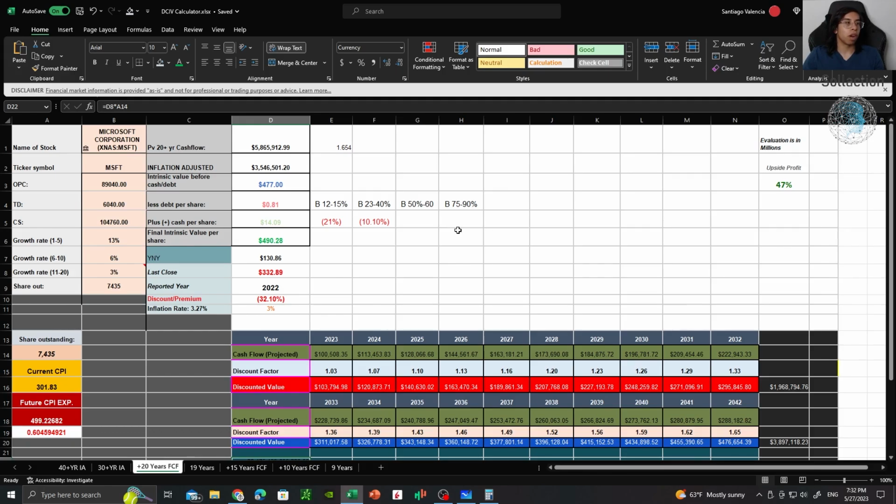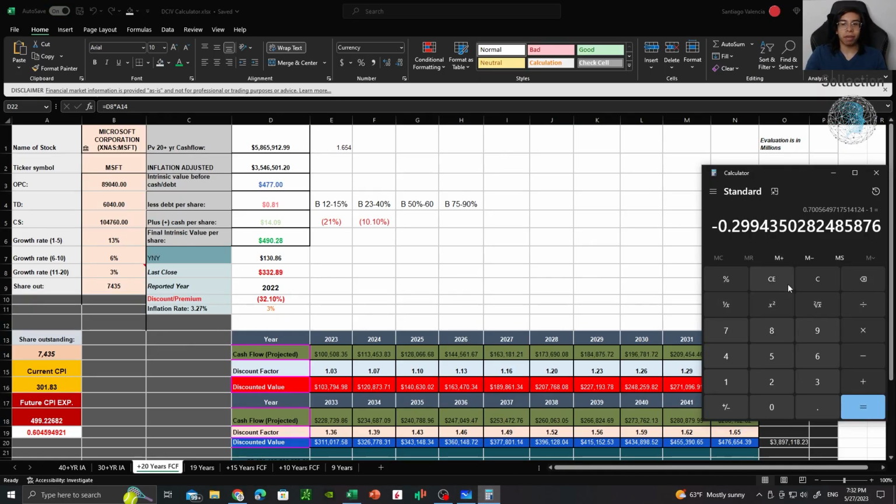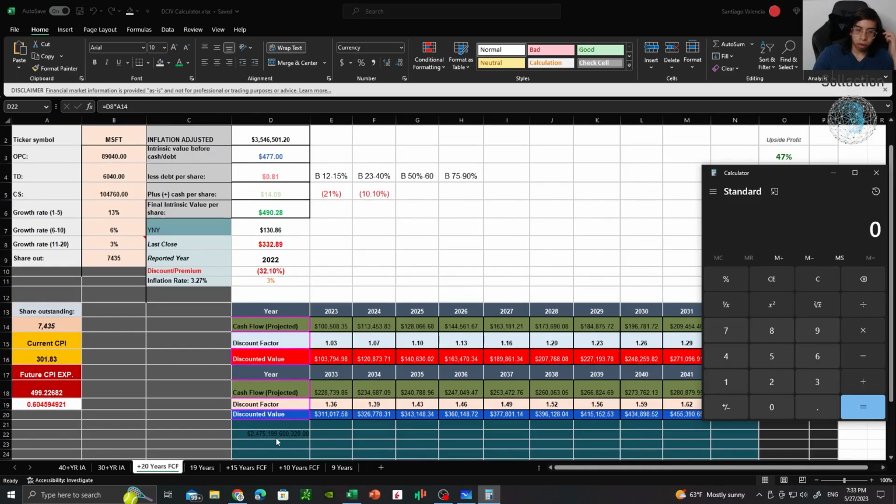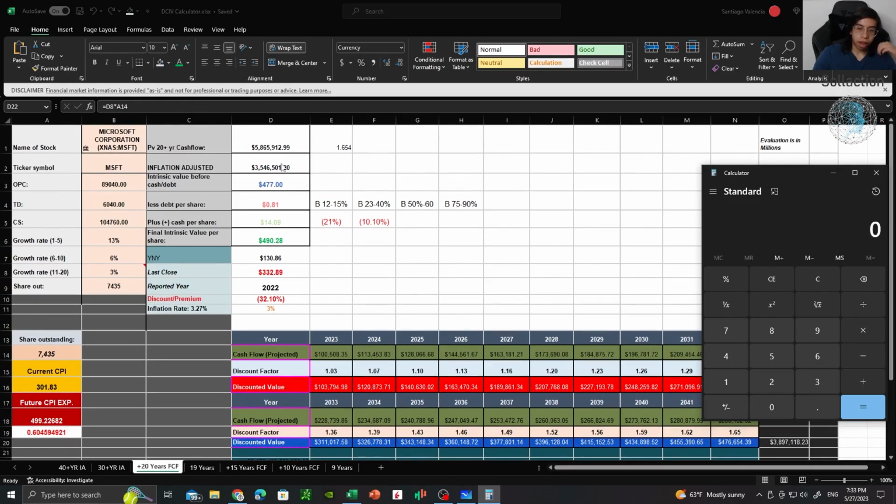There are so many reasons why you're not investing in a stock that even the stock split shows it to you, that it reflects the share price based on the shares that are in the company. Now, what does this upside profit mean? Well, it's pretty simple. If you're buying something at $2.48 trillion, we're getting a 32% discount. But how much would it take, let's say, for 2.47 trillion to get to 3.5 trillion?